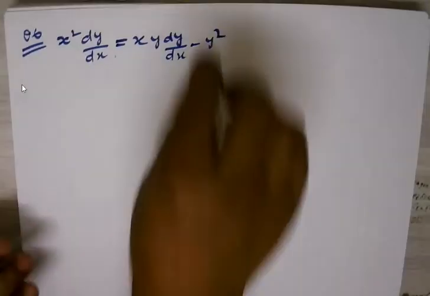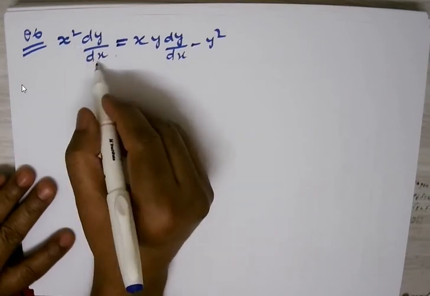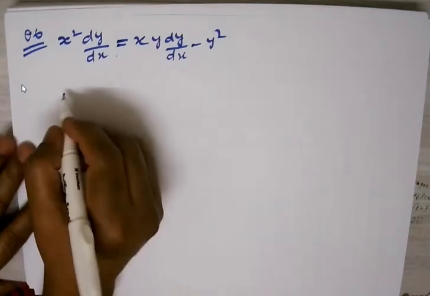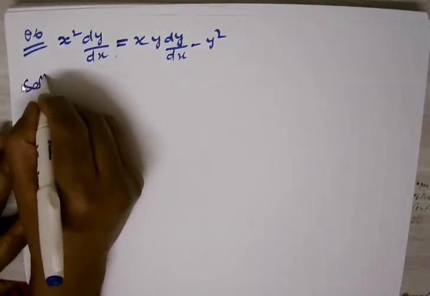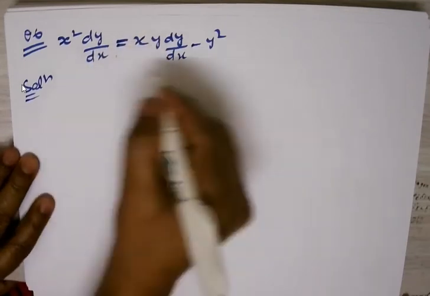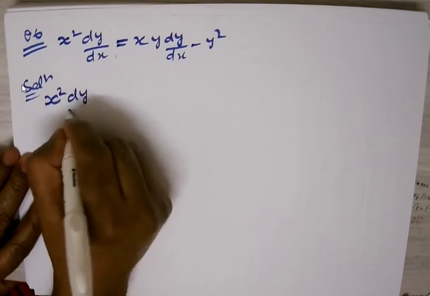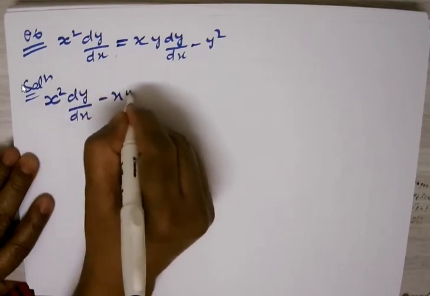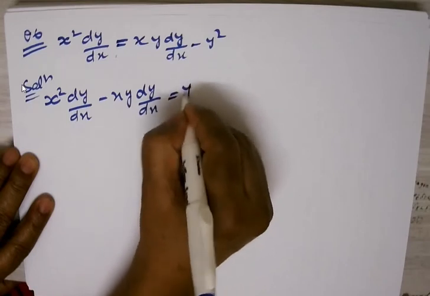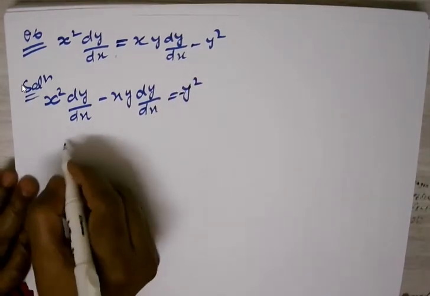Next question, my dears: solve the homogeneous differential equation x² dy/dx = xy dy/dx − y². Again, we need to write dy/dx first. So just transfer this term here: x² dy/dx − xy dy/dx = −y².